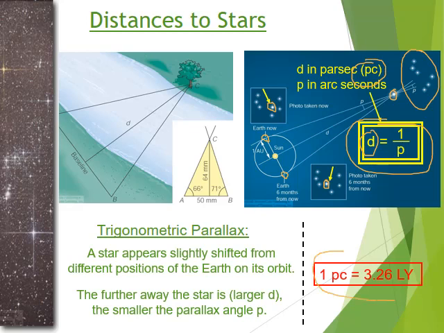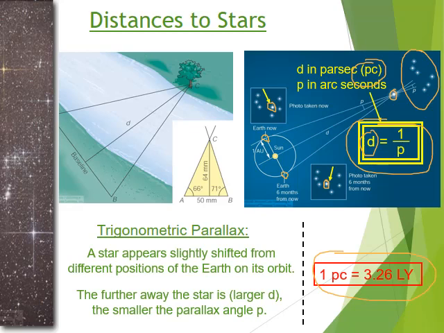And it turns out that 1 parsec, and again, this is a new measuring stick, because in space, as we've talked about, distances get really big. Our nearest star is the Sun, 8.3 light minutes away. The next nearest star is Proxima Centauri, 4.3 light years away.